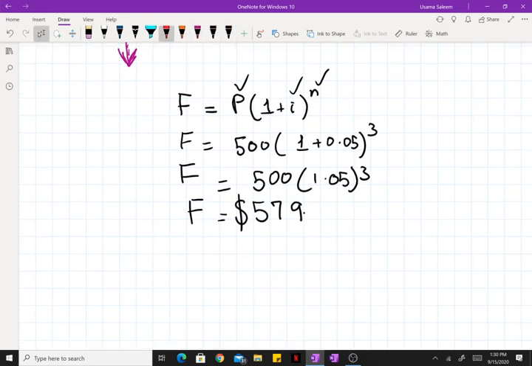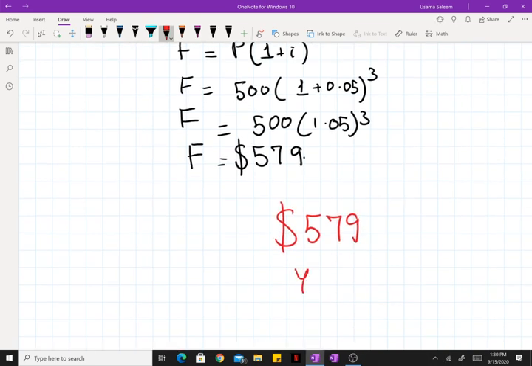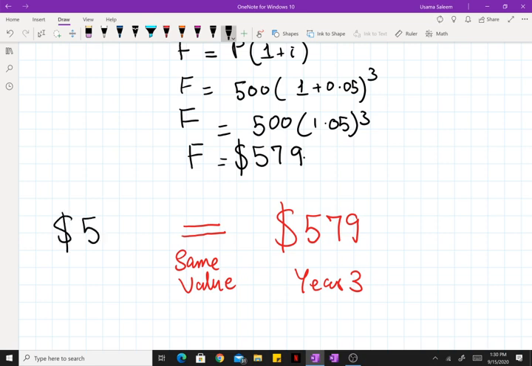Now I want you to understand that $579 at year 3 has the same value as what the $500 amount has today.